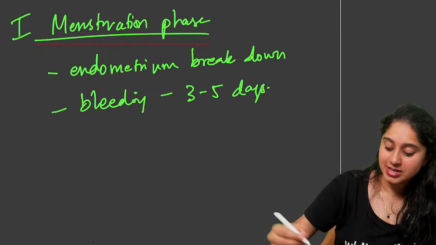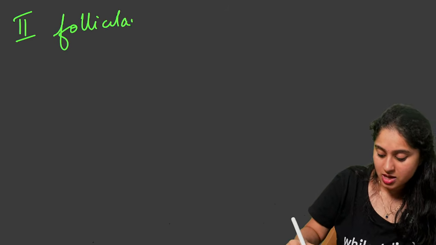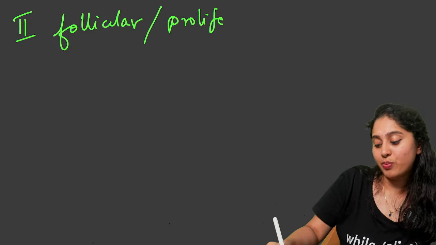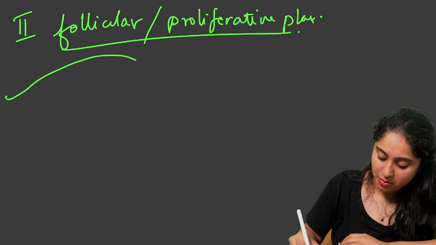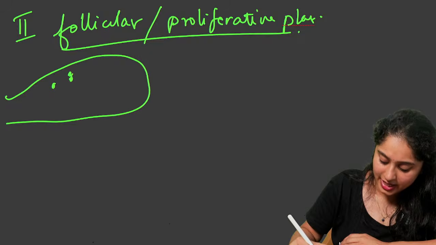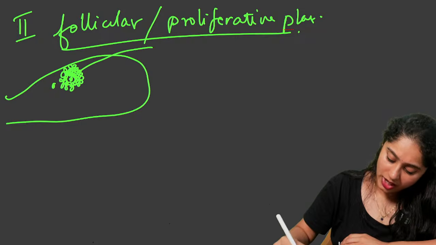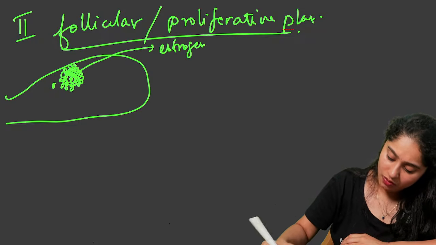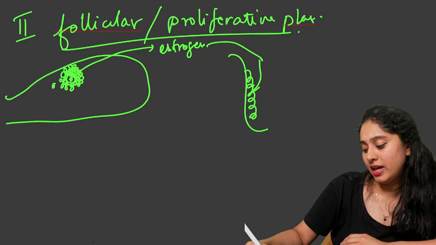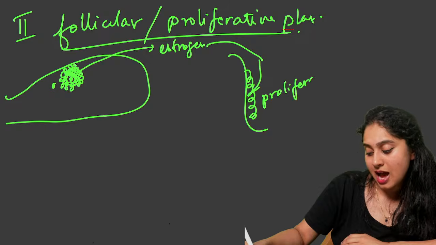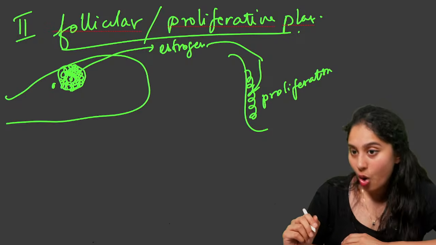Now, the second phase is called the follicular phase, or the proliferative phase. Here, in my ovary, one new follicle is selected and will start growing the follicular cells. These follicular cells will secrete estrogen, which will go to the uterus and ask it to start dividing. So proliferation is happening in the uterus and the follicular cells are growing in the ovary.